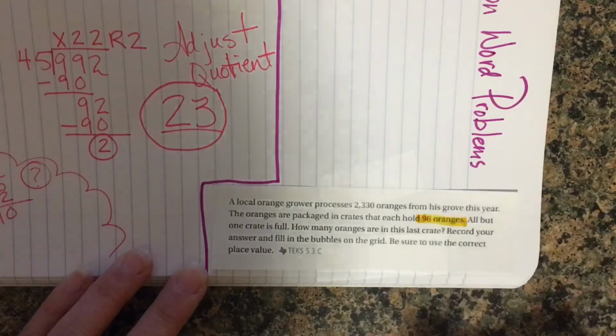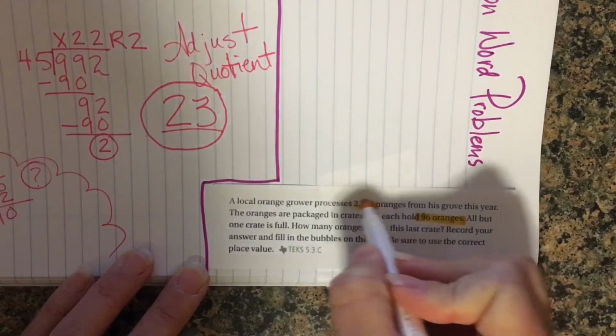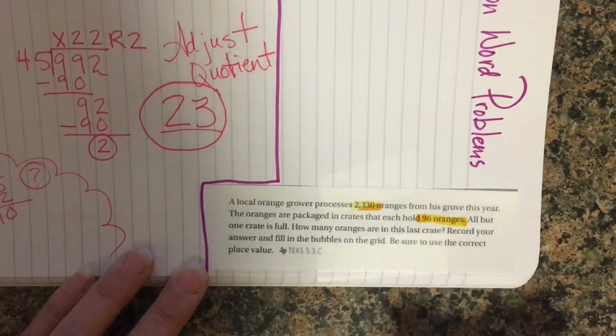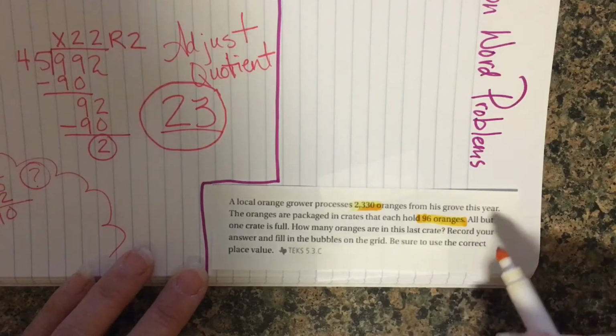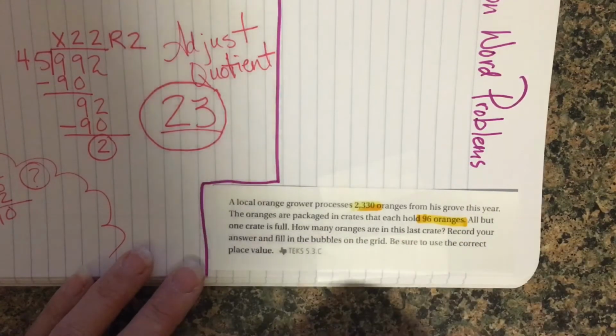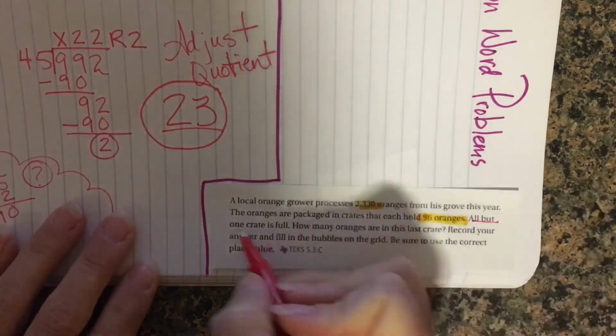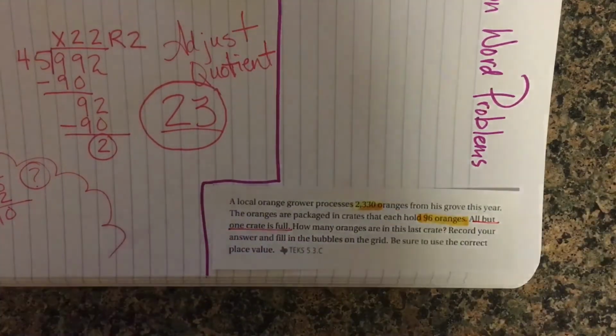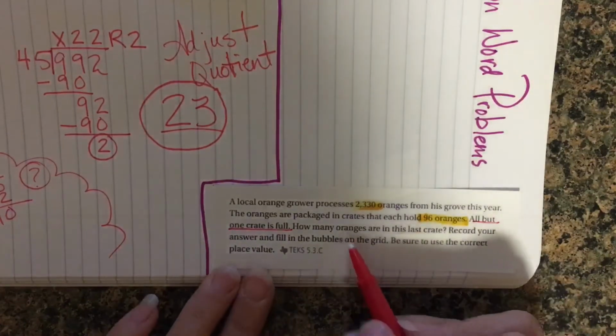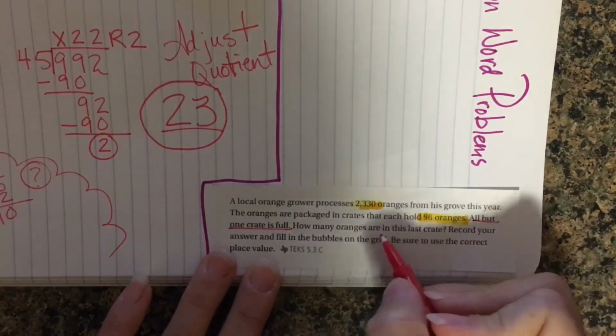So I know the crates hold 96. I know the total number of oranges is 2,330. All but one crate is full. That's important. We have to pay attention that there's one crate that's not full. Think back to the remainder problem we just did. How many oranges are in this last crate?